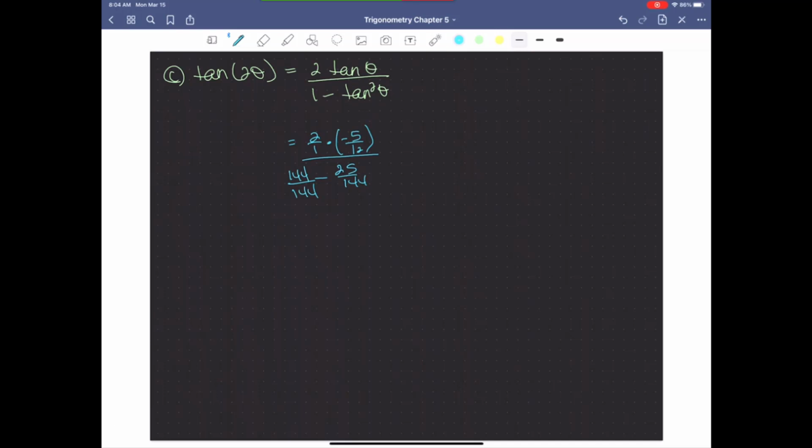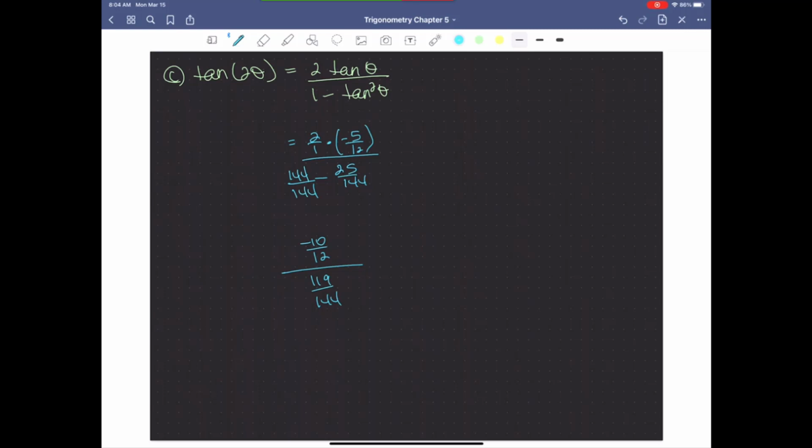So what are we going to get in our numerator? Yep, negative 10 over 12, all divided by 119 over 144, right? Not quite done yet.